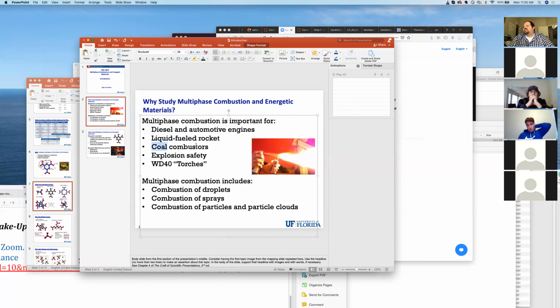Coal combustors, even though they're being phased out due to pollutant emissions from coal, are a big part of everyday life. And also explosion safety.